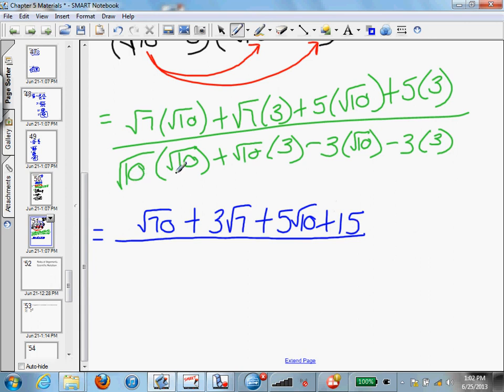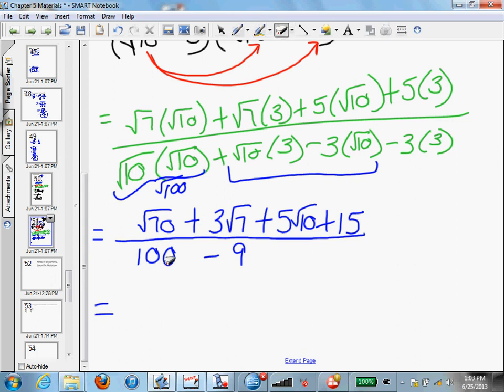And on the bottom, we have square root of 10 times square root of 10. That's going to be the square root of 100, or just 100. Note that these are going to cancel out. Notice that these middle terms will cancel out, and we have negative 3 times 3, which is negative 9. Oh, excuse me, that should actually be 10, because the square root of 100 is 10 minus the 9 we had.